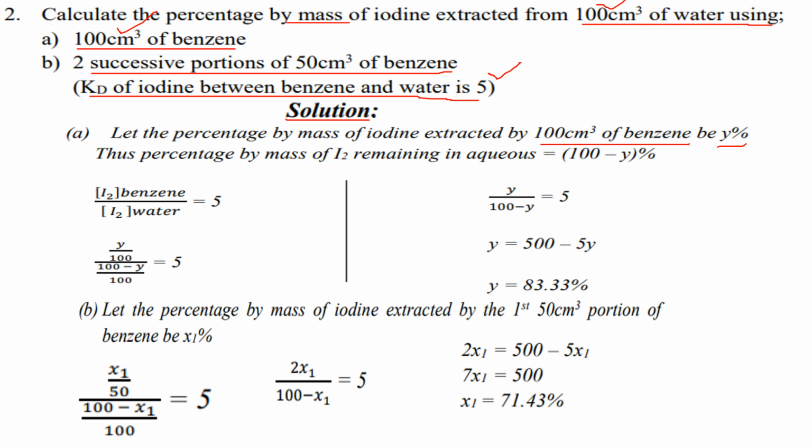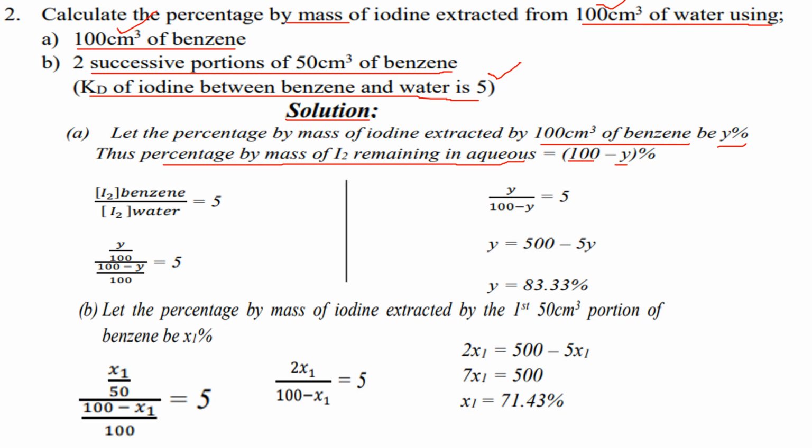And I told you that means that the aqueous solution, in this case our solvent was water. Since the total percentage is 100, the percentage by mass of iodine that will be remaining in the aqueous solution will be the total percentage minus that one that has been extracted, which is y.